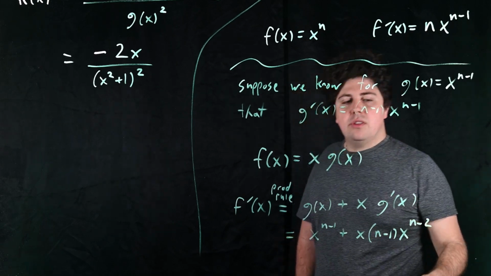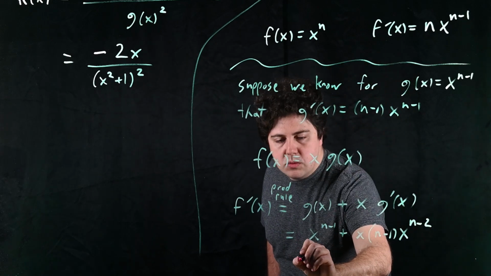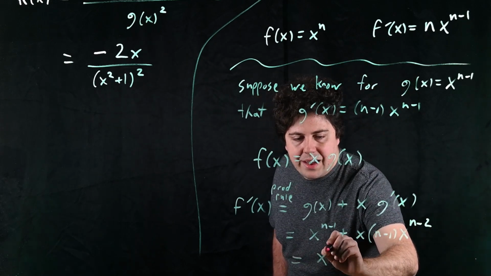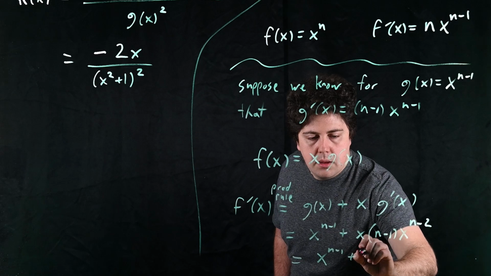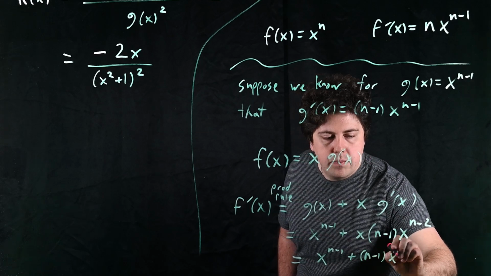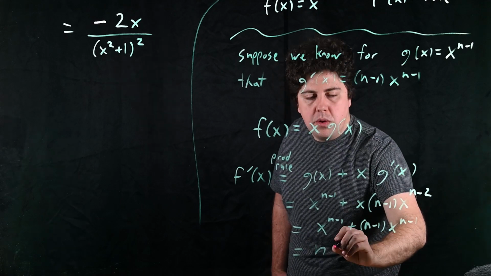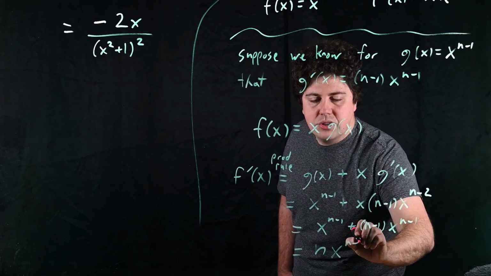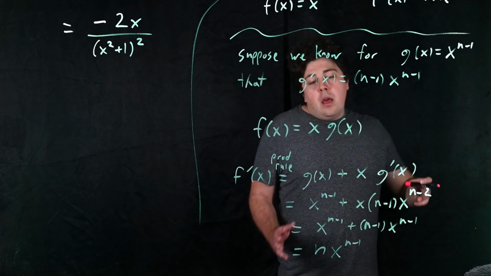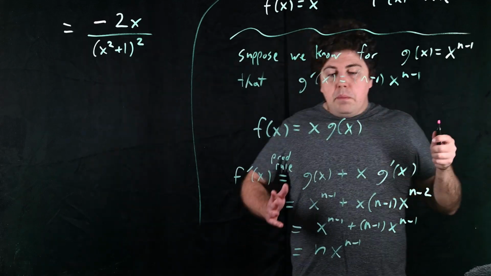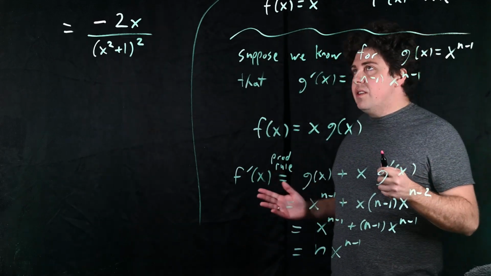But x times x to the n minus 2 is x to the n minus 1. So this is x to the n minus 1 plus n minus 1 times x to the n minus 1, which altogether is what we want: n times x to the n minus 1.